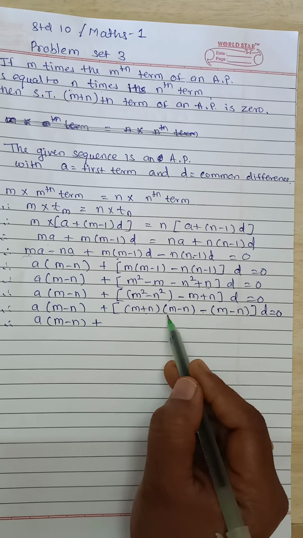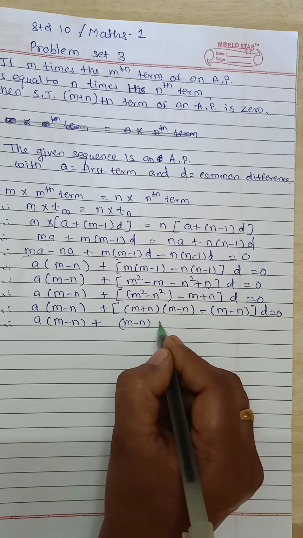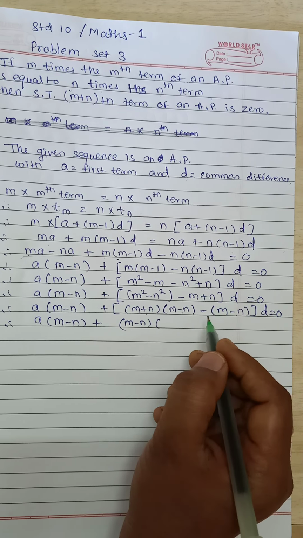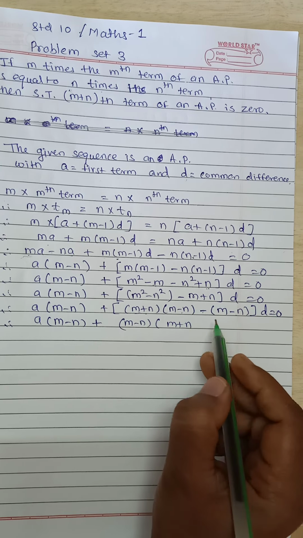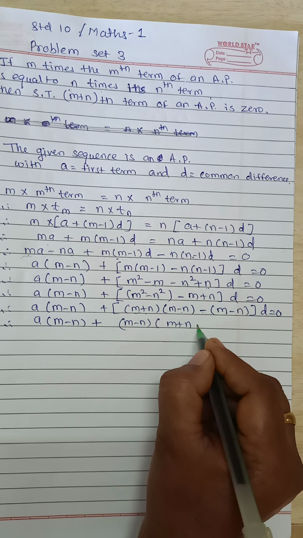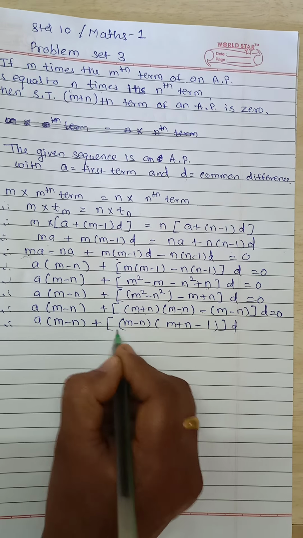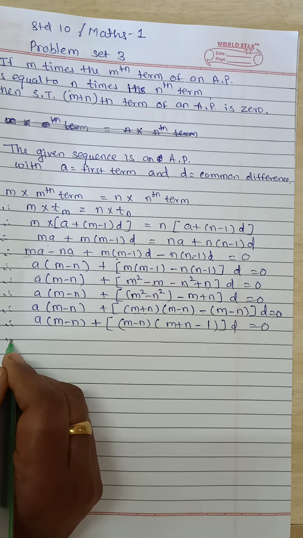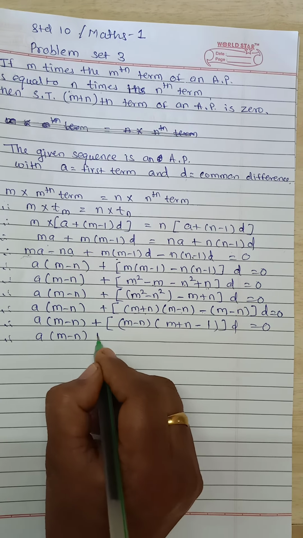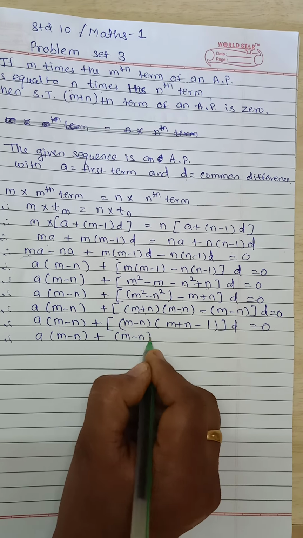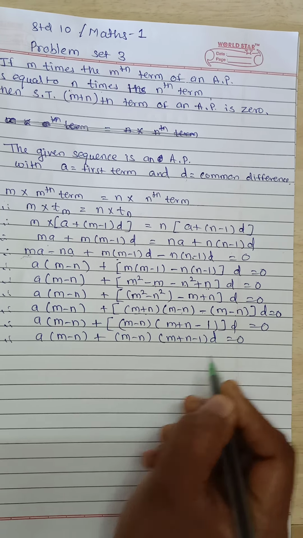Now in these two terms, this m minus n is common. So m minus n I am writing, and in another bracket, whatever is left, I will write. So m plus n is here, and here nothing has left, so minus 1, multiplied by d. So m minus n into (m plus n minus 1) into d is equal to 0.